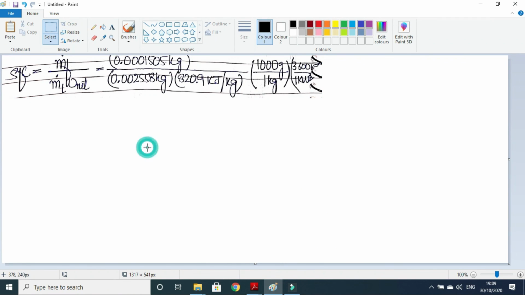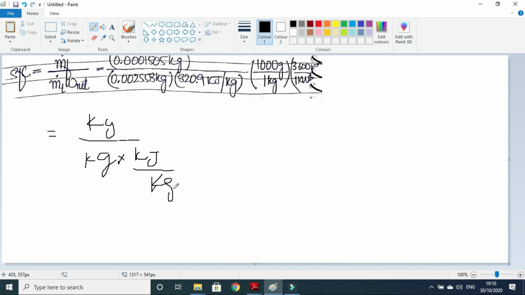Here you can see that we have multiplied with 1000 and we have also multiplied by 3600. Why have we done this? You can see that here it is MF, its unit will be kilogram, divided by MT, its unit will be kilogram, multiplied by W net. W net unit is kilojoule per kilogram.